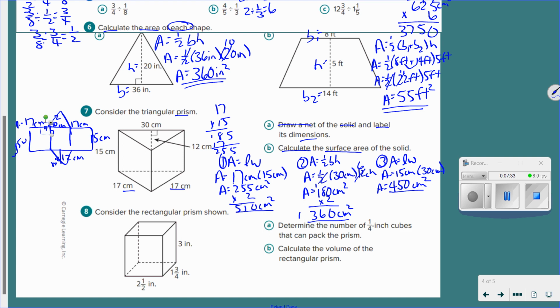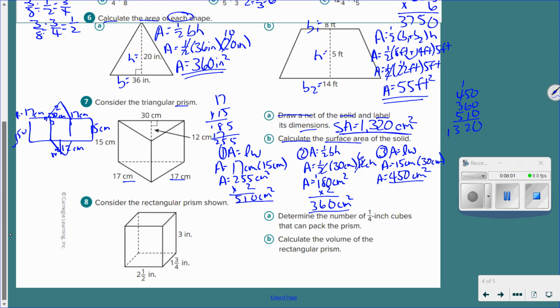So I'm going to add the 450, the 360, and the 510. Gives me 1,320. So my surface area equals 1,320. Again, don't forget your units. Anytime we are doing area, it will be squared. So that gives me square centimeters for this one.